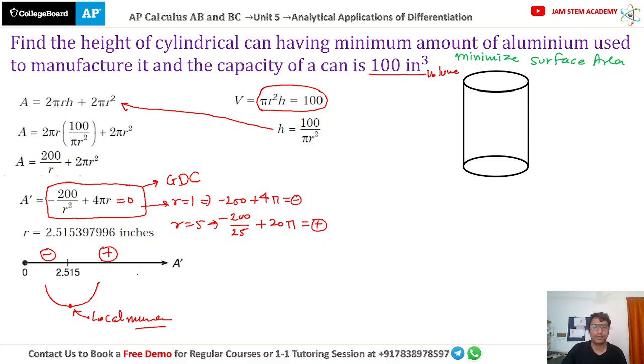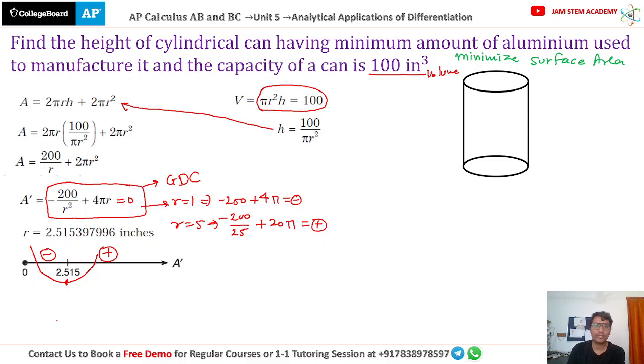In the other case, if you have a positive to negative change, then that point is local maxima. By the way, not in this case, but that is the method. Using the first derivative test, that's how we calculate the local maxima or local minima from this sign graph. So it was decreasing first, then starts to increase after 2.515. So this point is a point of local minima. Hence, we got the radius at which the surface area can be minimum.